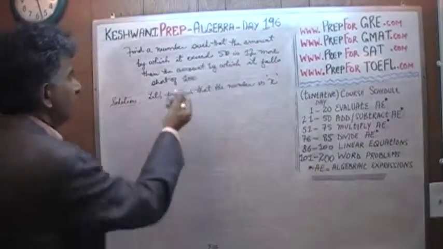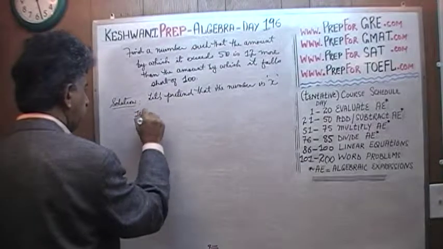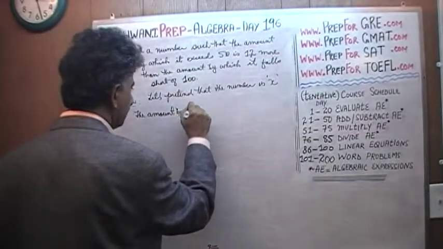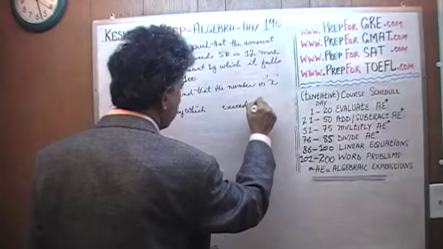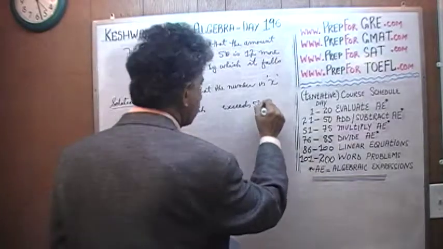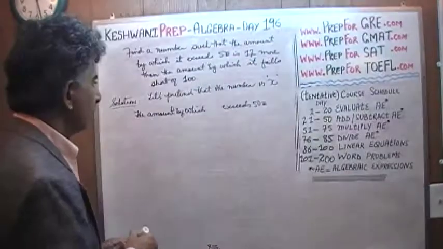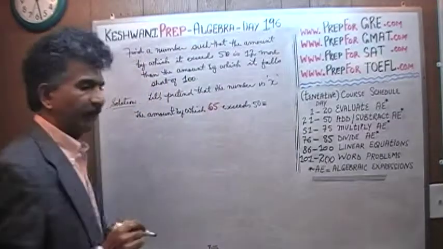Now, the amount by which it exceeds 50. For example, the amount by which 65 exceeds 50.